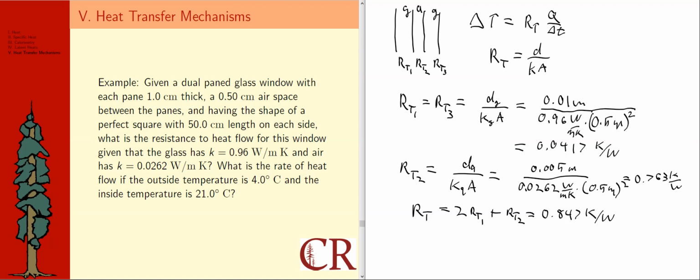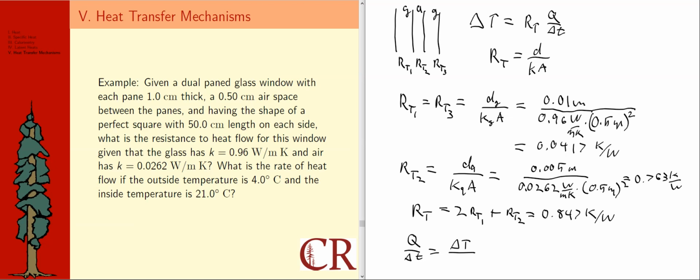And then if I want to find the rate of heat flow, that's Q over delta T. So I just divide, right? Q over delta T is equal to the other delta T. So we've got to be careful. There's delta T for time, but we're calculating this whole thing. We're not finding any individual components of that.